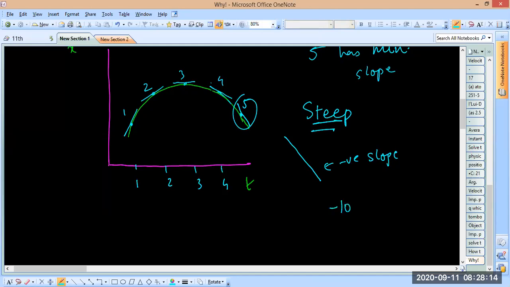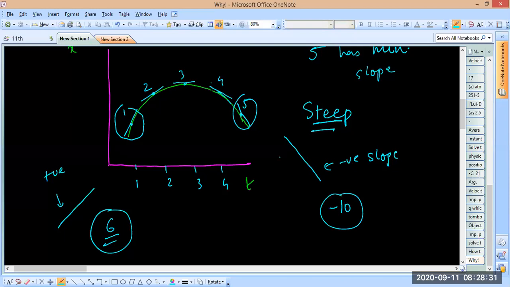On the other hand, this line 1, tangent 1 is like this, so its slope is positive, right? And I agree it's not very steep, so its slope might be like 6. Which is more, 6 or minus 10? Obviously a positive number will be bigger than a negative number, correct, in every case.